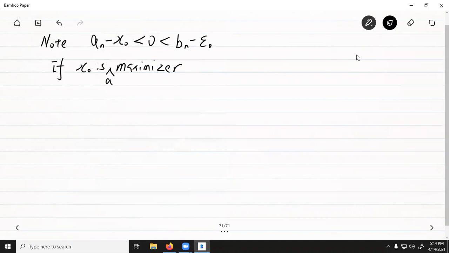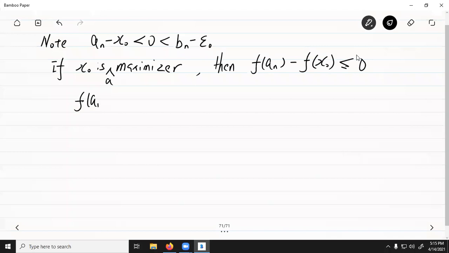If x0 is a maximizer, then that means f of an minus f of x0, so this is the maximum value, would be less than or equal to 0, right? So in other words, the quotient f of an minus f of x0 over an minus x0: the numerator is less than or equal to 0 and the denominator is negative, so it would be positive, non-negative, greater than or equal to 0, right?